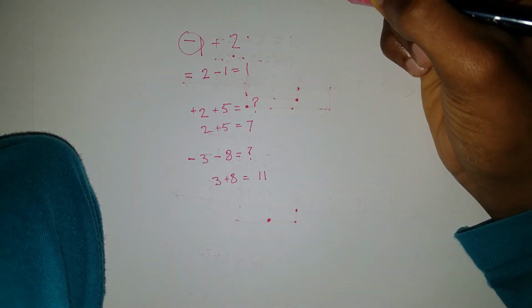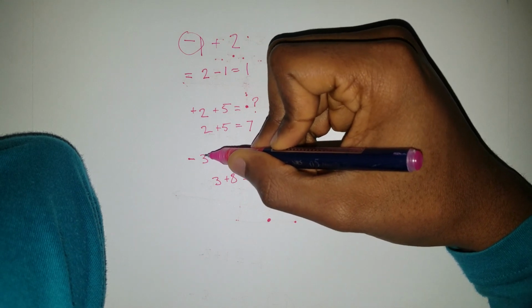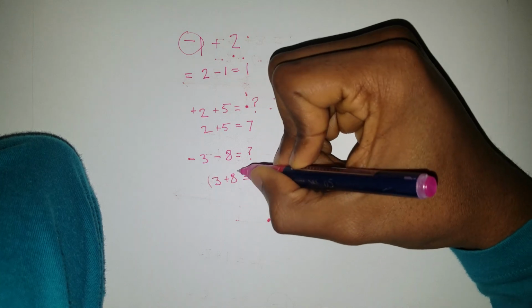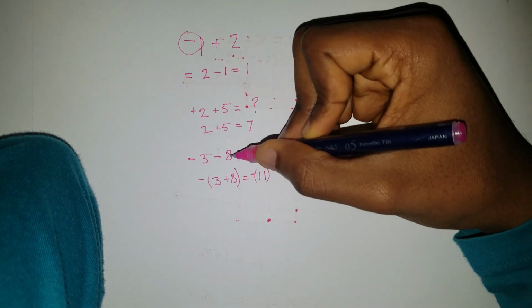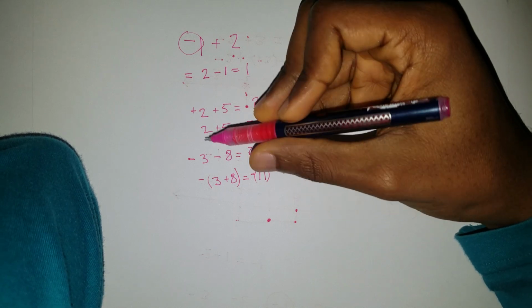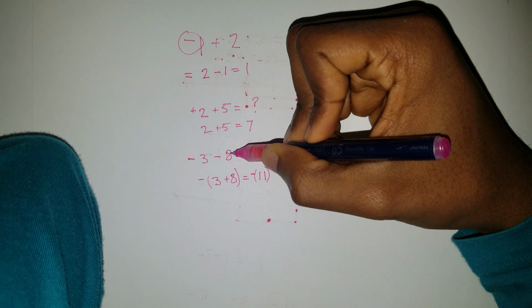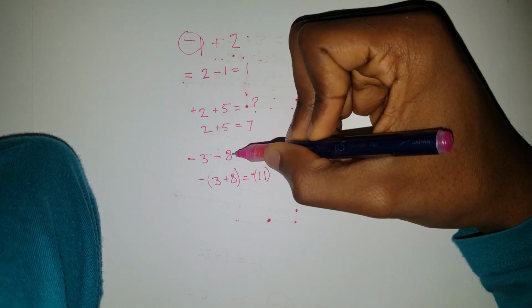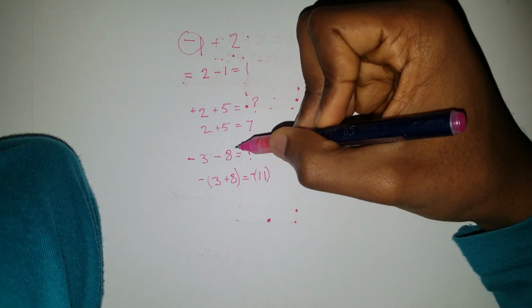However, we have to remember that these were both negative. For this reason, -3 minus 8 is equal to -11. We looked at the absolute value, which is just the magnitude or the positive value of the number, and we see that 3 plus 8 is equal to 11.